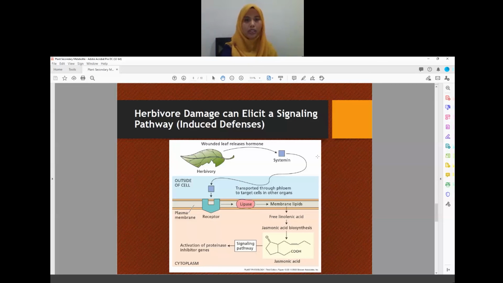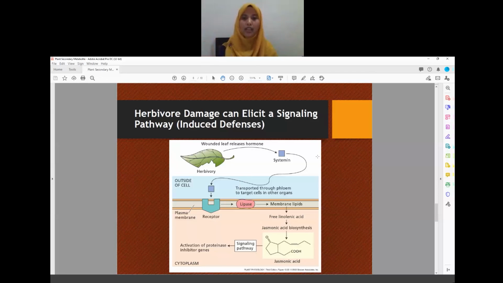If you still remember last week we learned about lipase, an enzyme triggered by hormones. The hormone will trigger this lipase to break down the membrane lipids into fatty acids and glycerol.